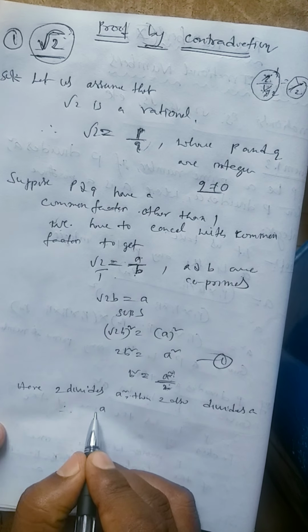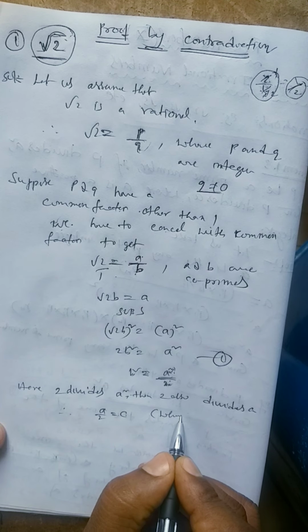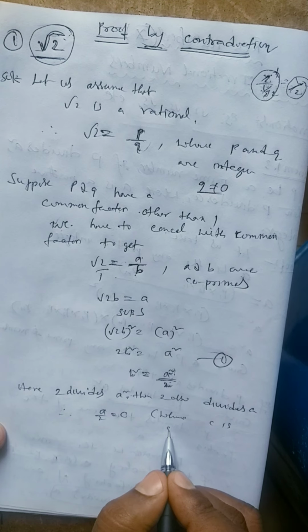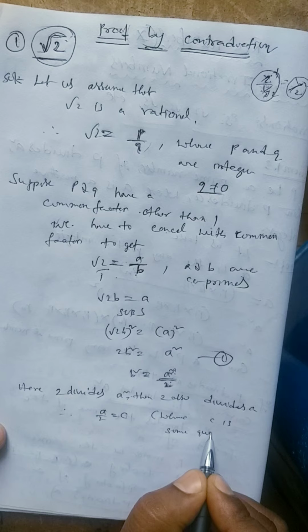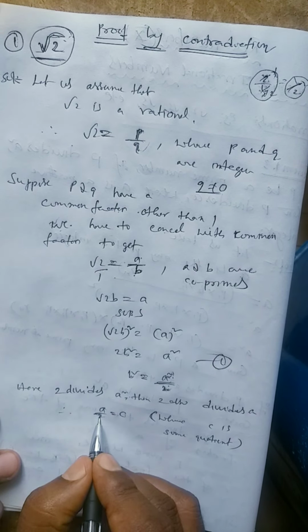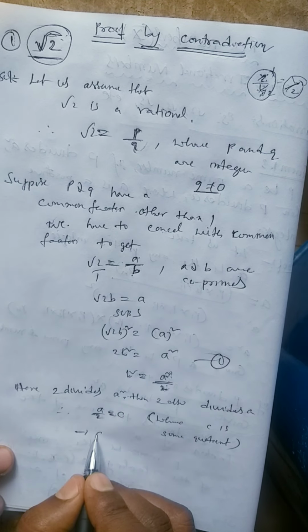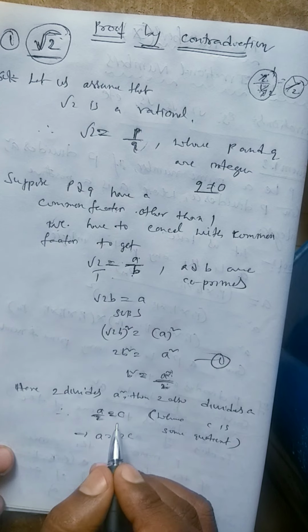Let a by 2 equal to c, because 2 divides a, where c is some quotient. It implies a equal to 2c.